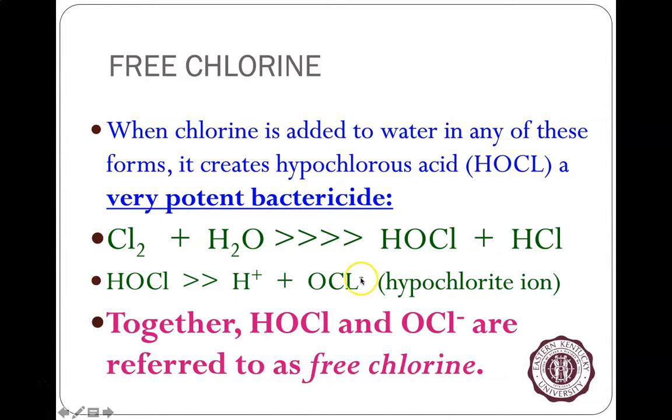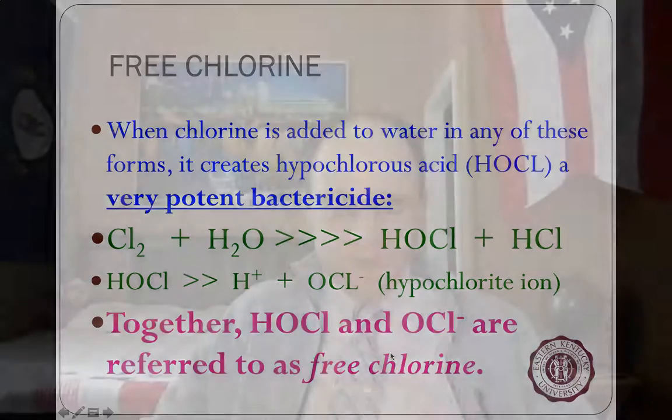HOCl forms OCl- in high pH waters, while in low pH water it stays as HOCl. So hypochlorous acid is formed in acidic water. Hypochlorite ions are formed in basic, high pH waters. Together, they are free chlorine. So, which one is better at disinfecting?